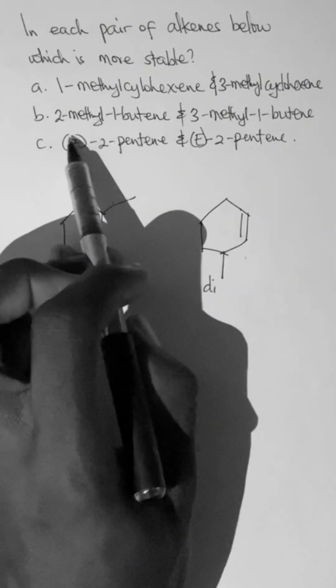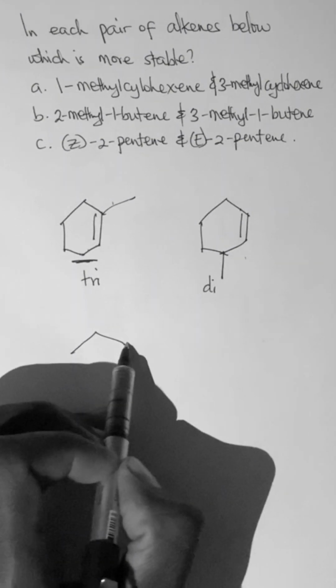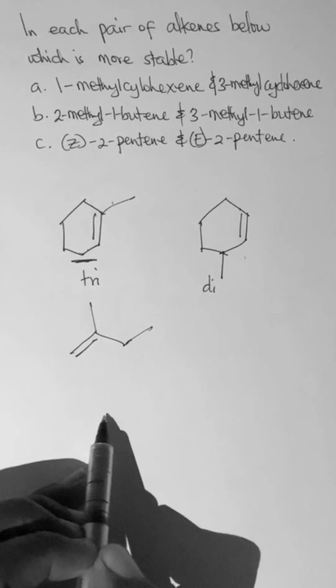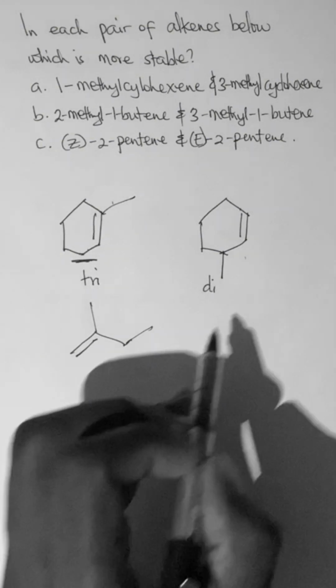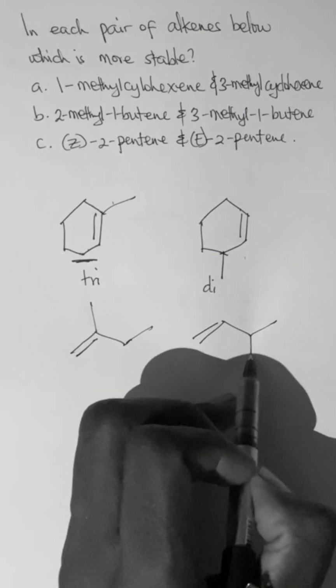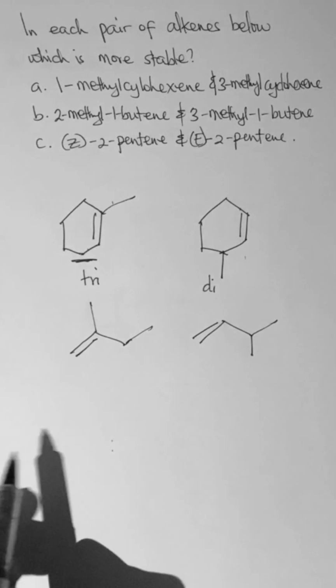Then the B part is 2-methyl-1-butene. So this is a butene, and this is 1-butene, and this is 2-methyl-1-butene, and 3-methyl-1-butene. So this is 1-butene, and this is 3-methyl-1-butene. And he says, which one is also more stable?